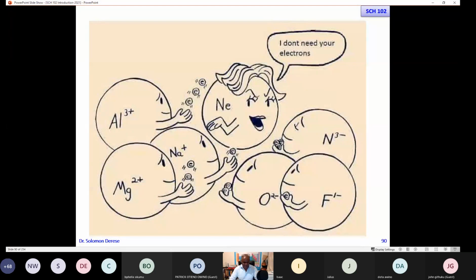So now, this is just a cartoon on chemical bonding. There is this beautiful girl called neon, and there are so many atoms that are proposing to her. Aluminum is coming with its 3 electrons to form a bond with neon.